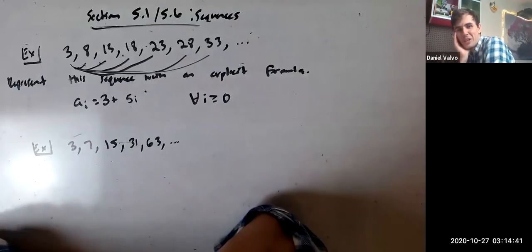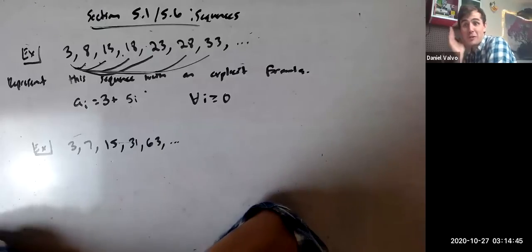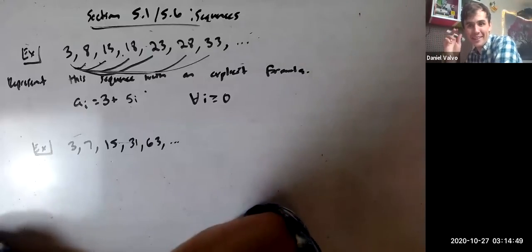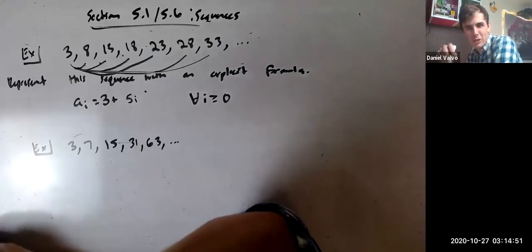Now I'll give you a hint. These numbers look slightly familiar to you because you guys are CS majors. Or if you're a CS major. Not presuming anything. So what's the pattern here?